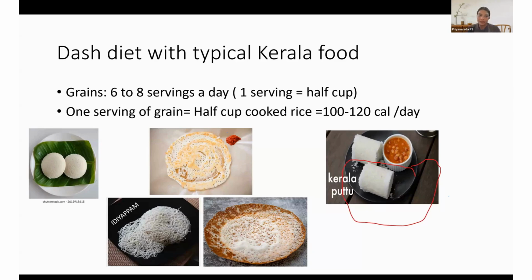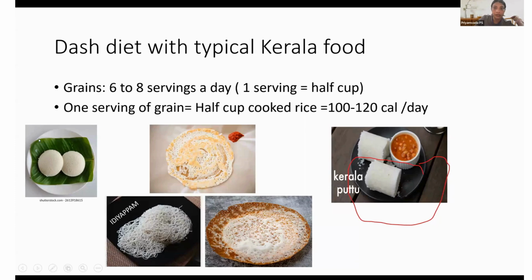We can actually keep it closer to 6. If it is 2000, we can keep it 8, and less than 1500 calorie diets are definitely not feasible.